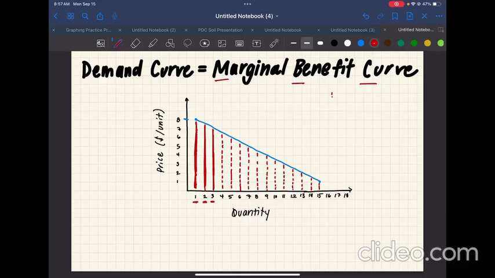So I'm just going to make a note here. This line, this is the marginal benefit the market receives from selling one more unit.